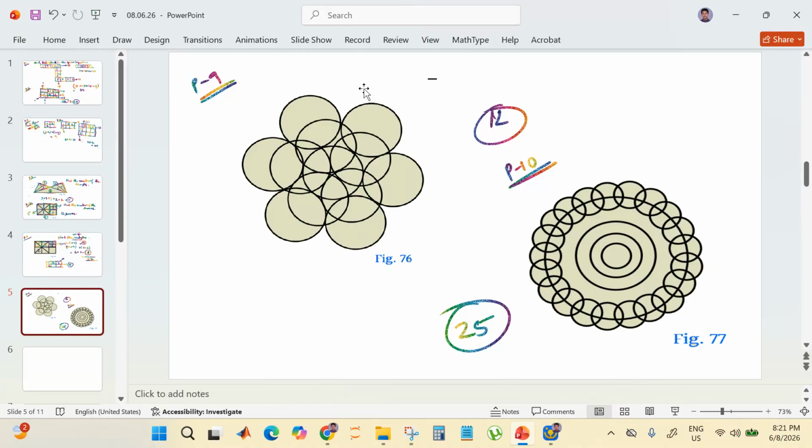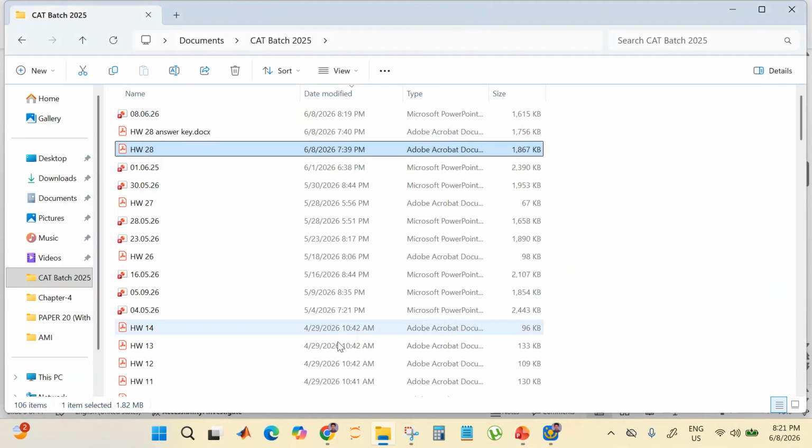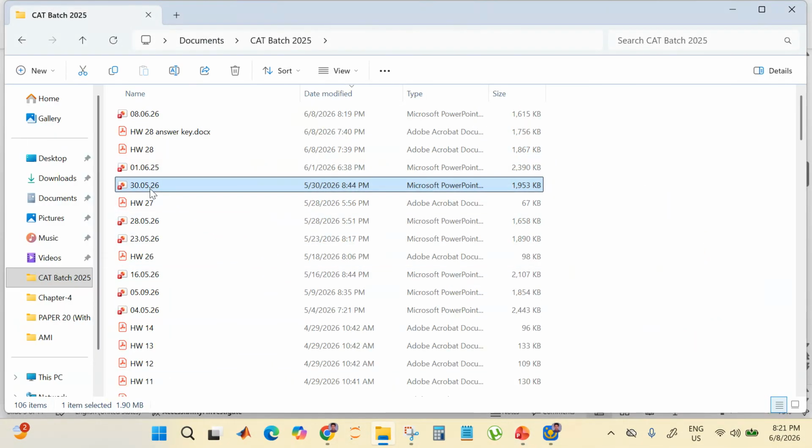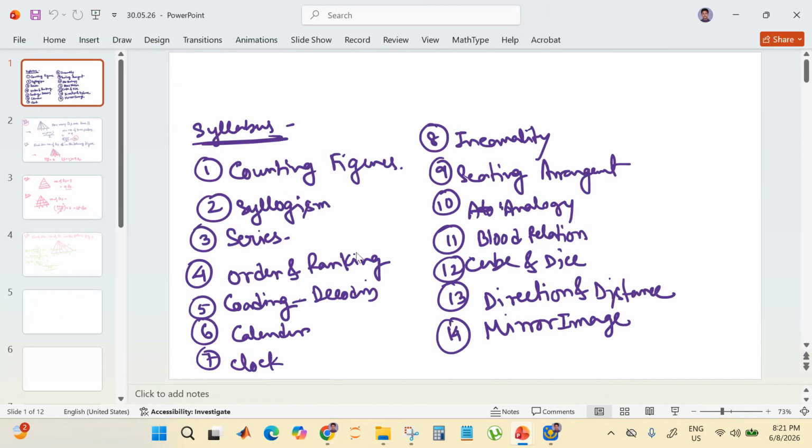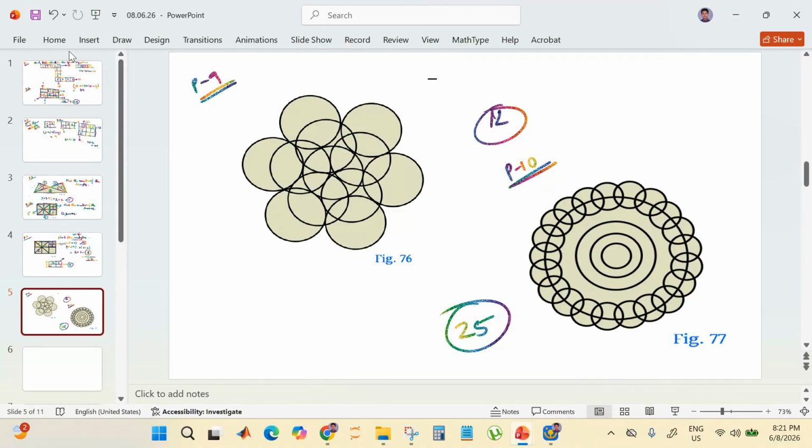Initially, we marked total 14 chapters. Out of these basic 14 chapters, we have done the first one today. Then I will move into syllogism, series, order ranking, code decoding, calendar, and the rest. So it will complete your reasoning part, the first chapter of the reasoning.